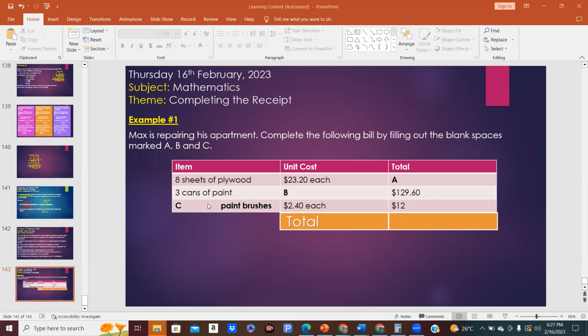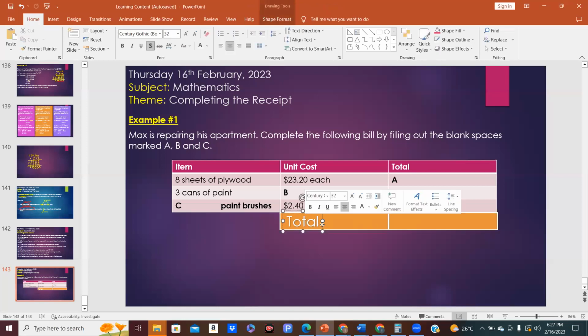Then he got a certain number of paintbrushes, where the unit cost for each one is $240, and his total price ended up being $12. So the question is, how are we going to get A, B, C? Oh, and by the way, lest I forget, how are we also going to get D?